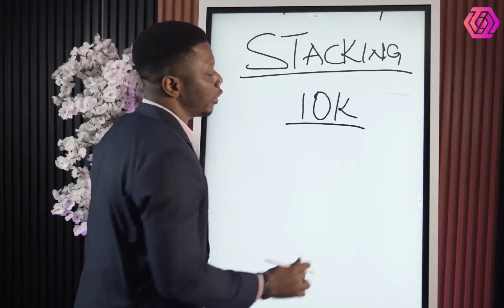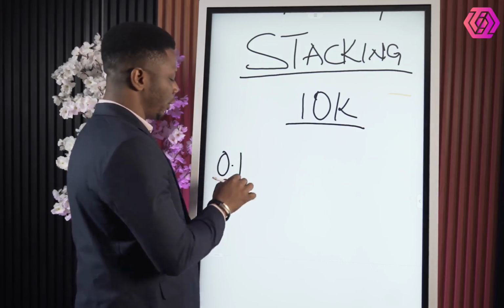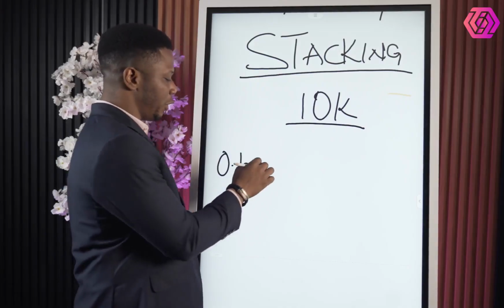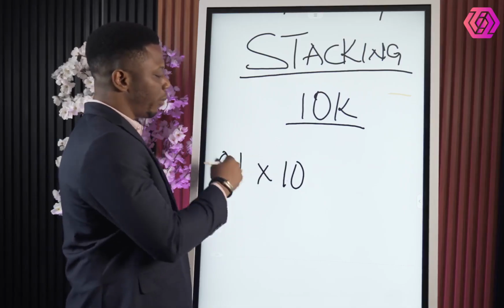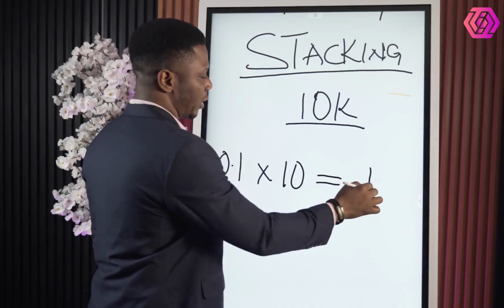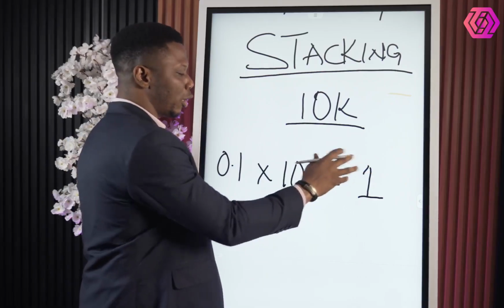And the first ever trade you placed on this account, you opened the trades on 0.1, but you entered multiple positions. In this regard, you entered 10 positions. So the total lot size used on this trade is equal to 1 standard. So this is your starting lot size.